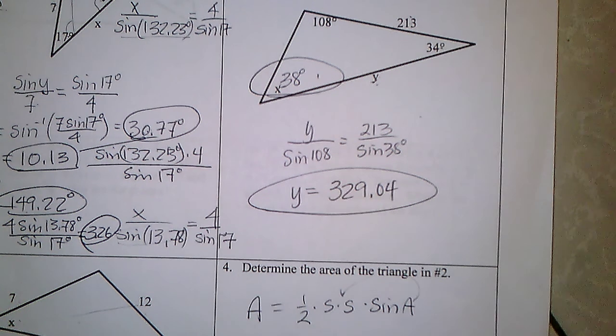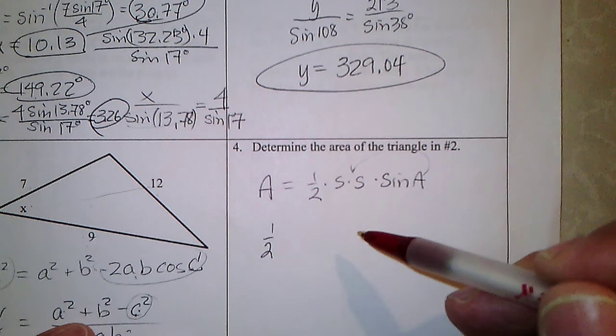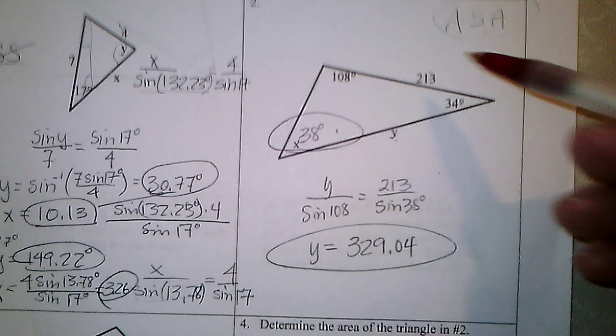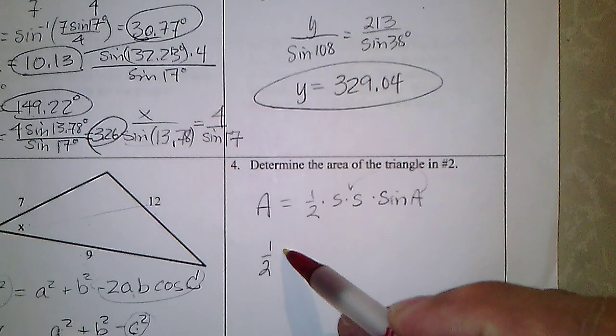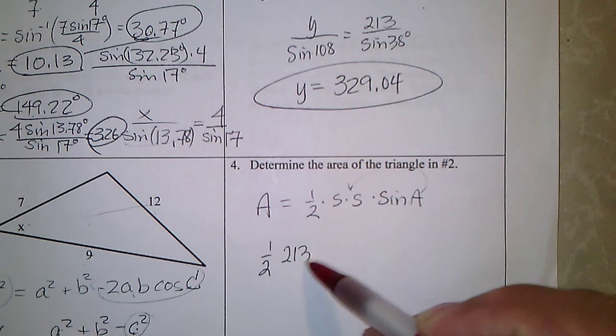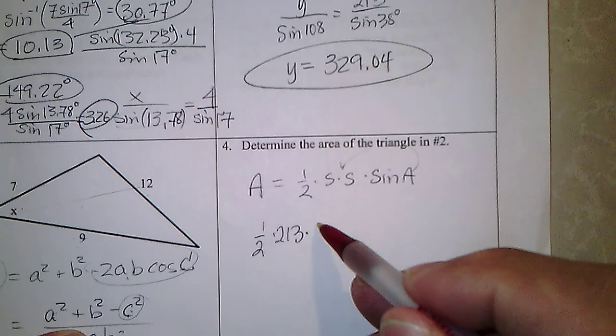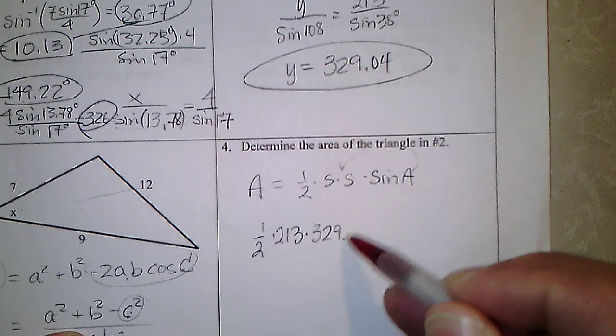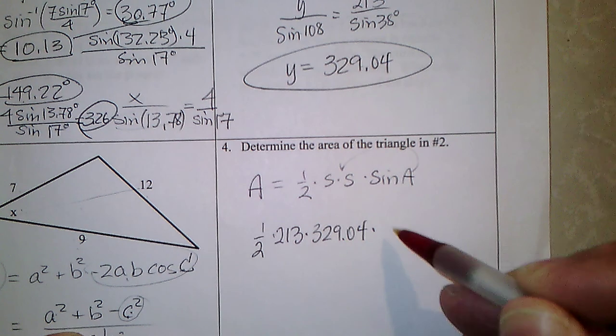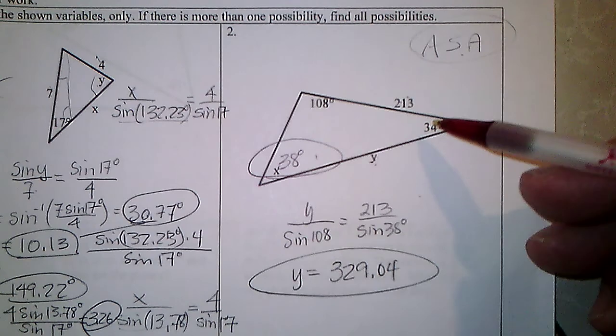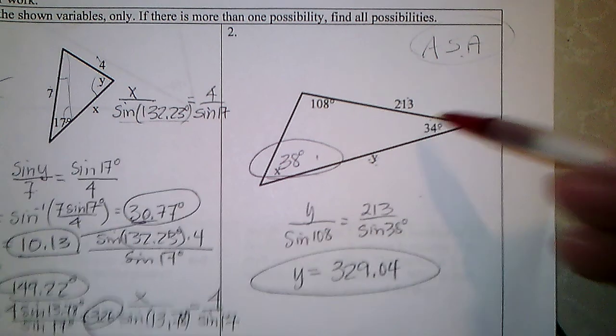So I do 1/2 side times the other side times the sine of the angle between those two sides, which is 34.